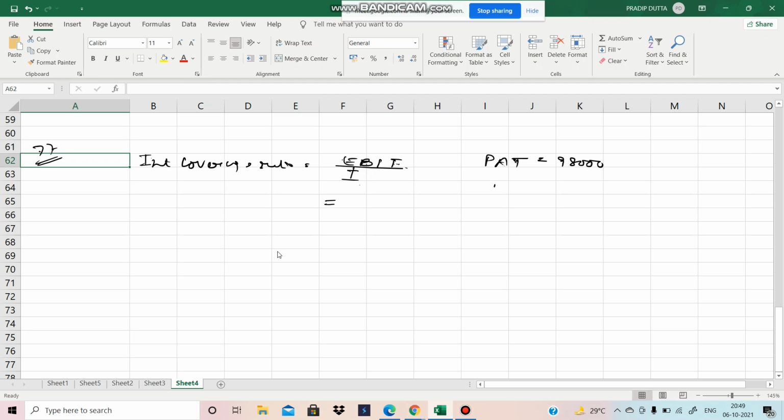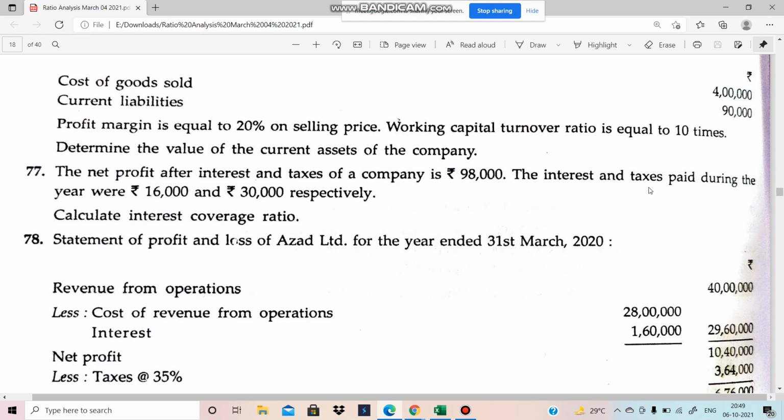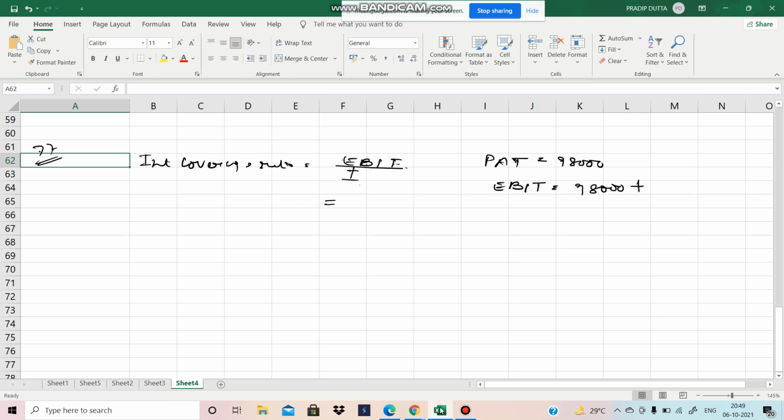So, what is the value of EBIT, earning before interest and taxes? You just have to add back the tax and interest to 98,000, which is 16,000 plus 30,000.